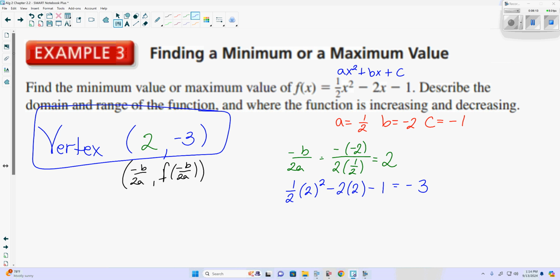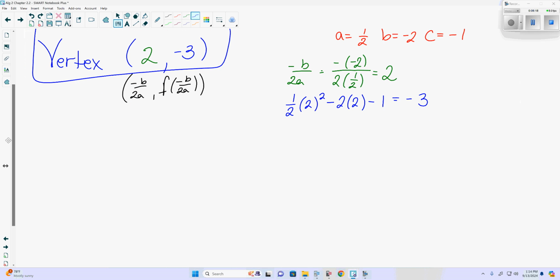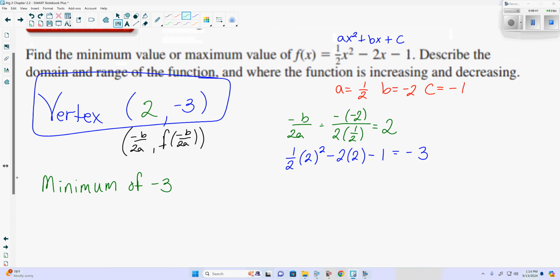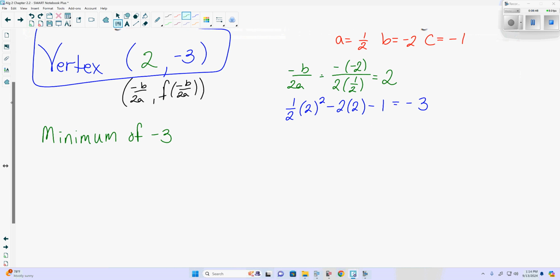Here the value of a is 1/2, which is positive, so it opens up, telling us that we will have a minimum value of -3, because the minimum value is the y value of the vertex. And that's it for our minimum and maximum, because there is no maximum here, only a minimum.